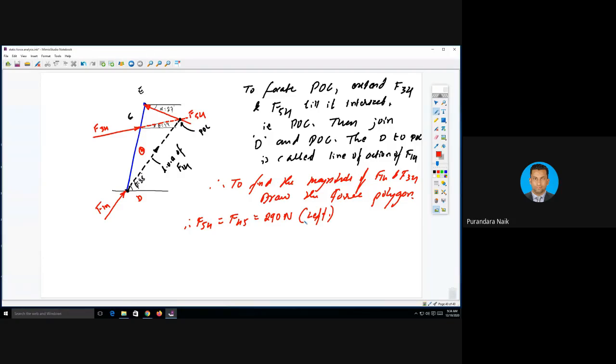Now you can draw the force polygon. First, take the reference line. All of you copied? Please do it. We'll go for the next slide.